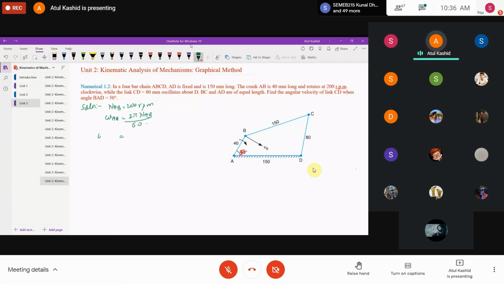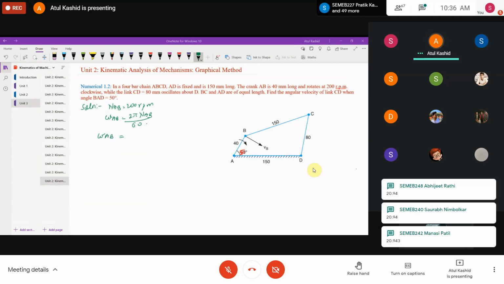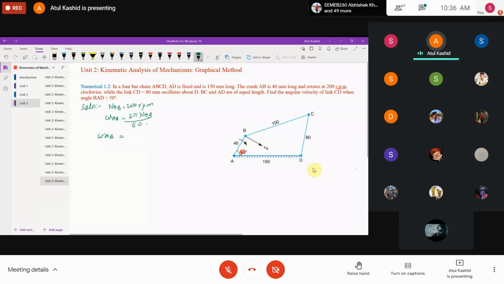Please find the value of omega AB and quickly reply in the chat box. We'll go step by step. I forgot to tell you, also keep calculators with you, because you will require a calculator for calculating the velocities. 20.943. Okay, very good.